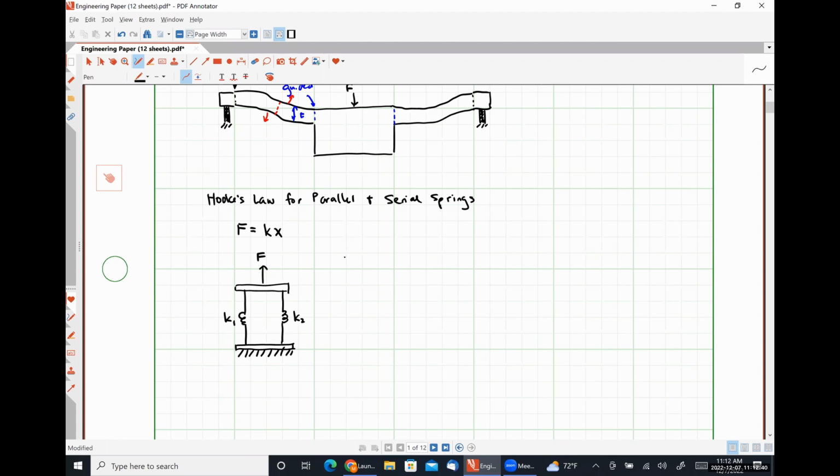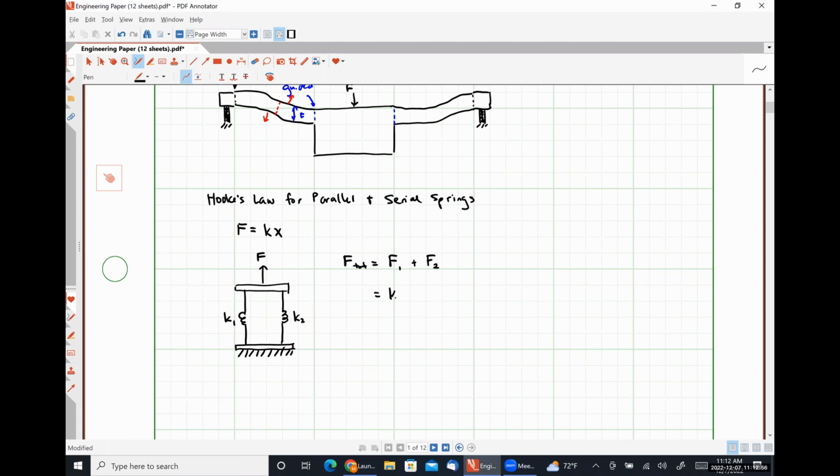So the total force, F total, acting on the system will be given by the force experienced by spring 1 plus the force experienced by spring 2.